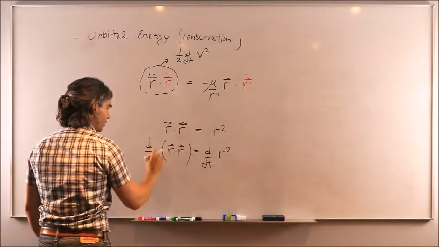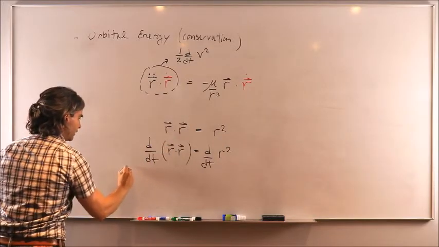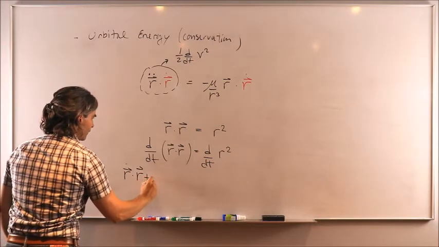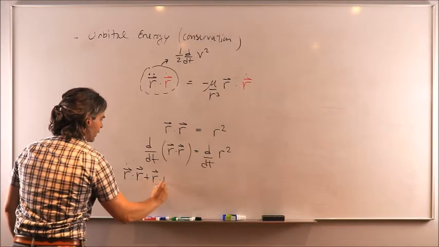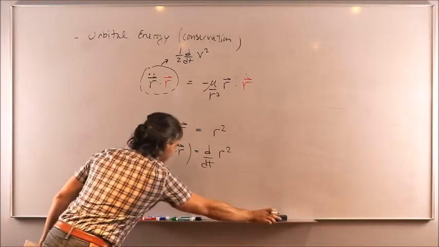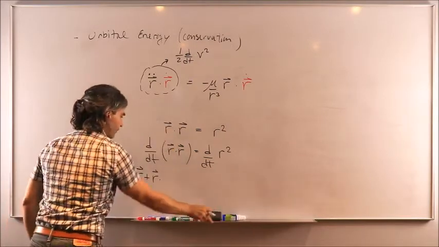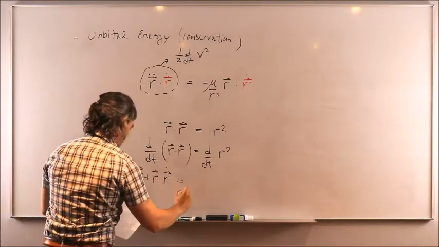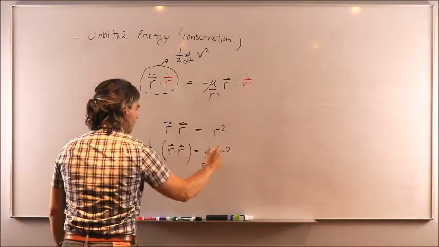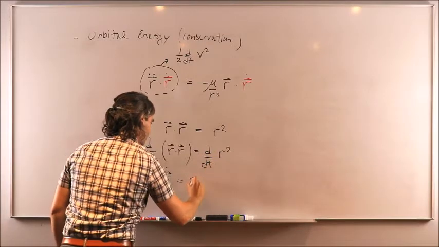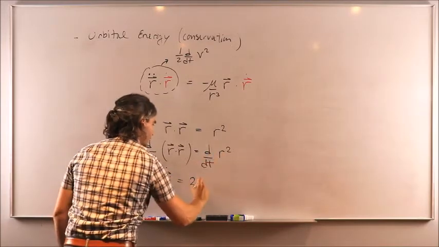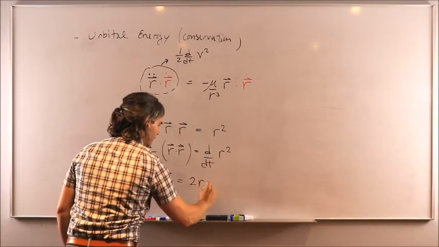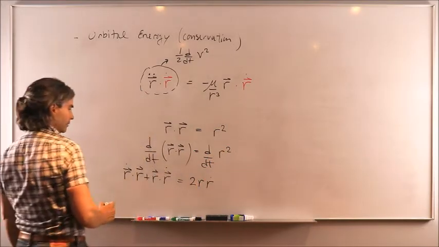Applying the chain rule on the left-hand side, we get velocity dot position plus position dot velocity, equal to 2 times r times the derivative of r, which is just the speed.